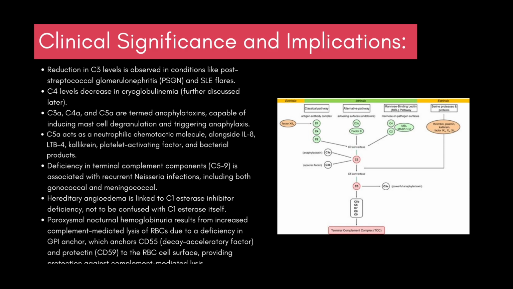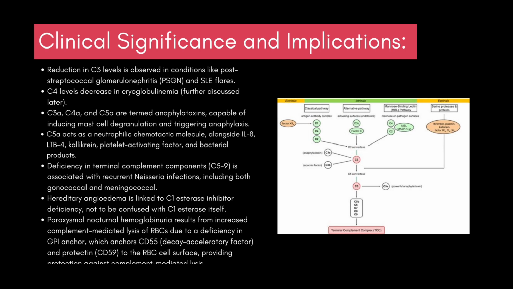Paroxysmal nocturnal hemoglobinuria results from increased complement-mediated lysis of red blood cells due to a deficiency in GPI anchor, which anchors CD55, the decay accelerating factor, and protectin, CD59, to the RBC cell surface, providing protection against complement-mediated lysis.